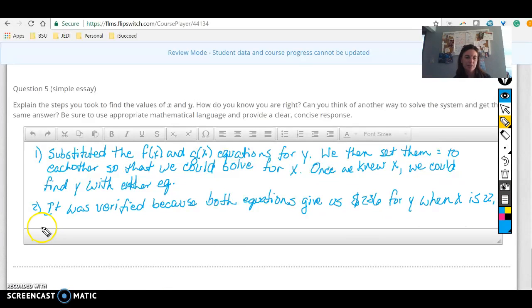The last question is, can you think of another way to solve?